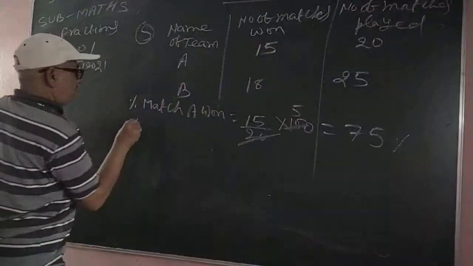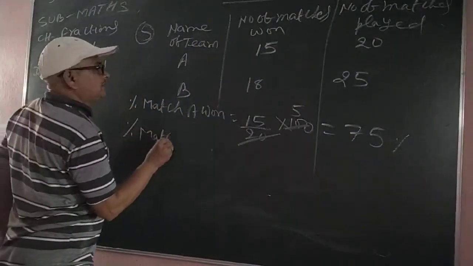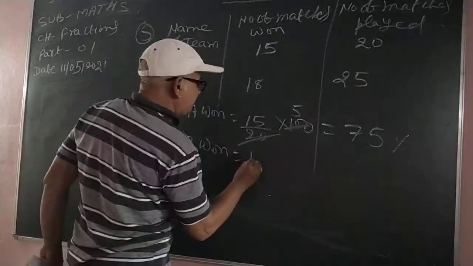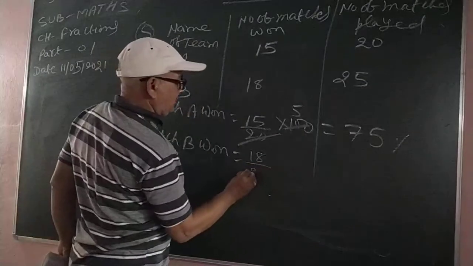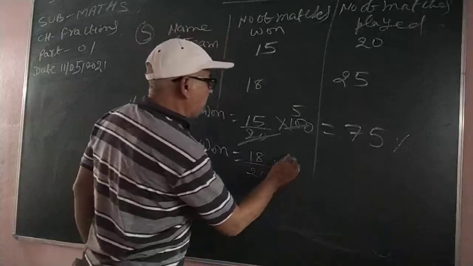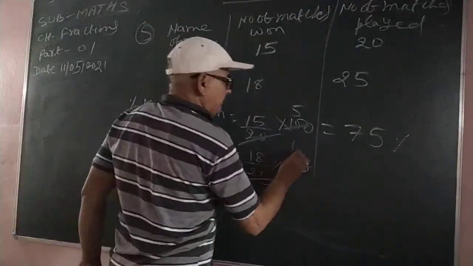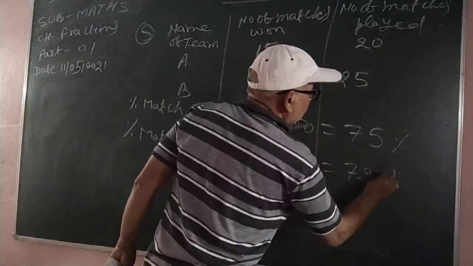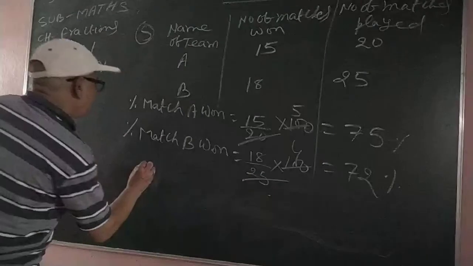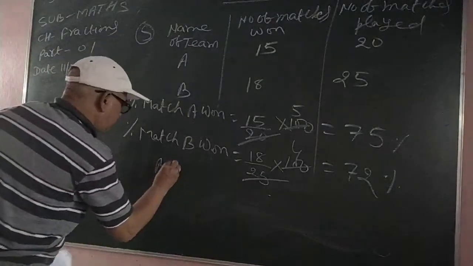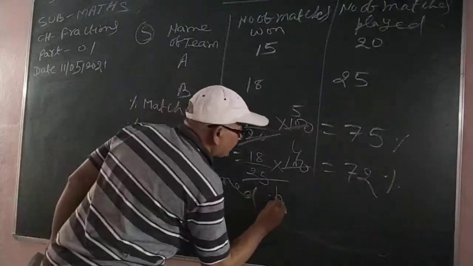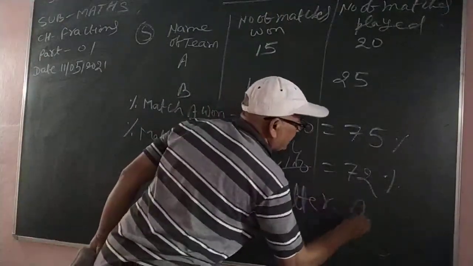And percentage of matches won by B is 18 by 25 into 100, which is 72%. Whose performance is better? A performs better. It is clear.